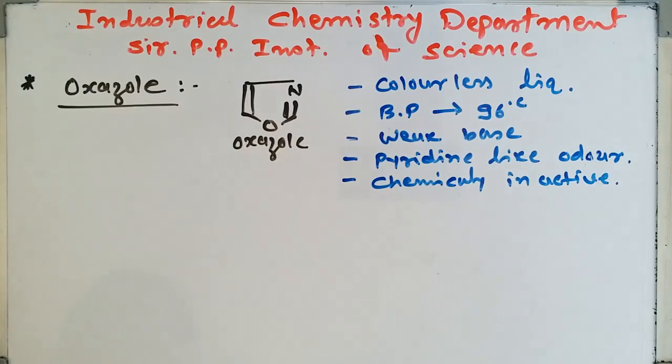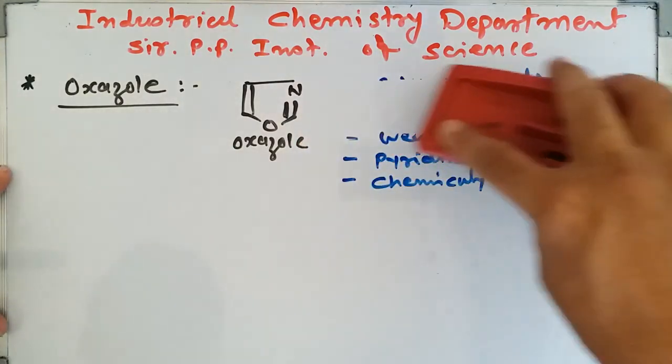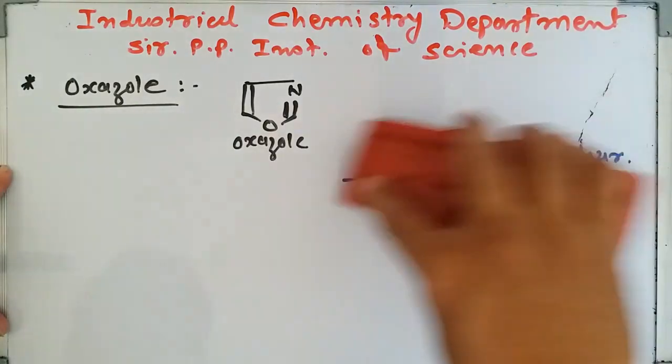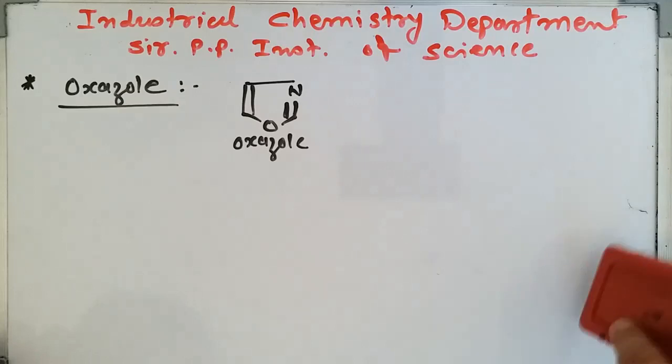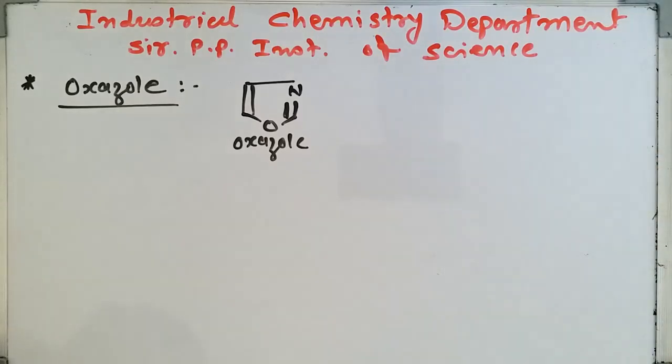Now we see some chemical reactions of oxazole. When oxazole undergoes nitration, bromination or reduction, the reacting group is introduced at the fourth position.